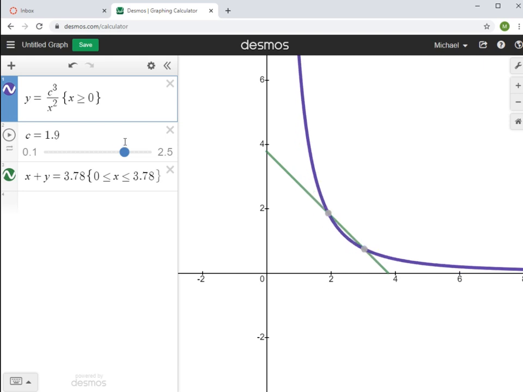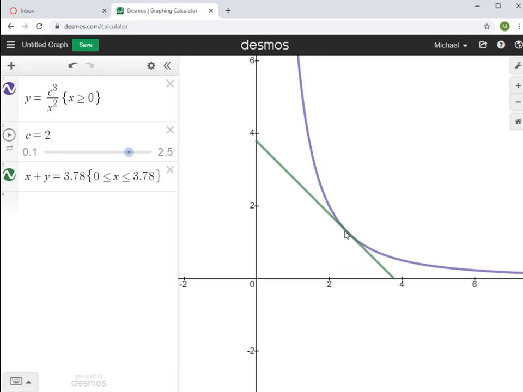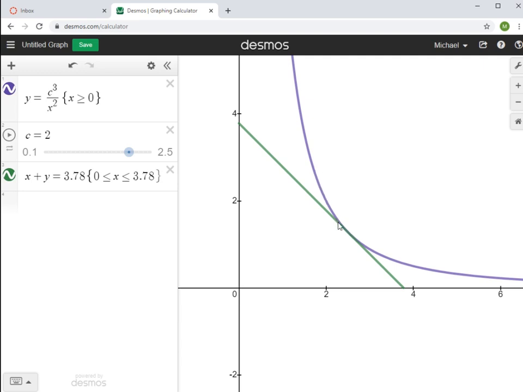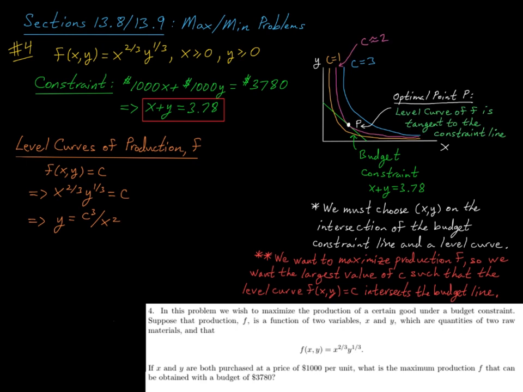I want to keep going until I just kiss this budget line. And it looks like if c is 2, that's about right. It looks like this level curve is tangent to my budget line at the point of intersection. So at least approximately 2 will be my guesstimate here.